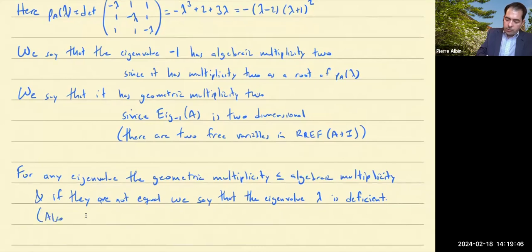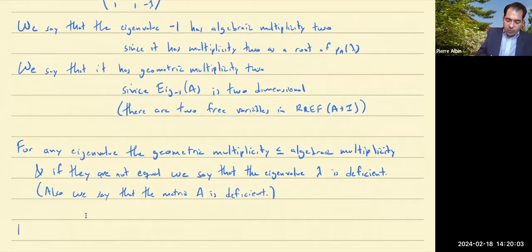We also say that the matrix A is deficient if it has an eigenvalue where the multiplicities are not the same. So here's an example where that happens.